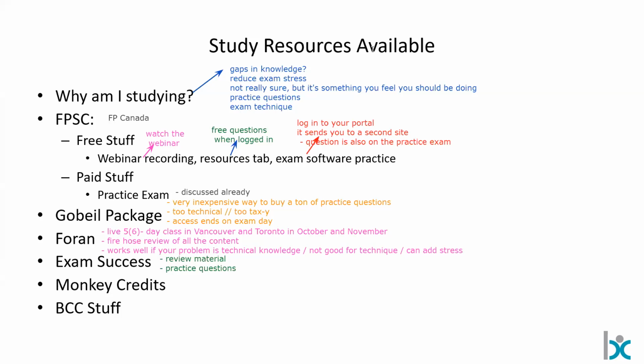So you can bundle it all together, or you can buy little chunks. But it makes that question very difficult to answer. I think if you buy their full package, it's around $450. They do a live class. I have no idea about that live class. I can't comment on it.